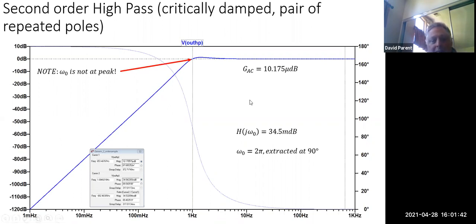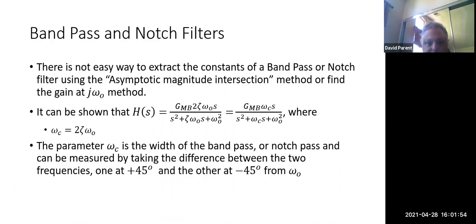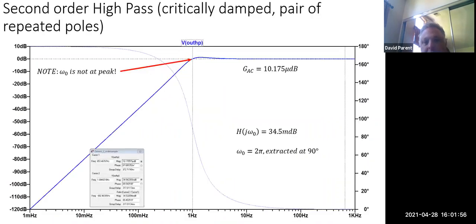The high frequency gain is 10.175 micro dB, which is very close to 0 dB. And so we're going to get something a little bit less than 0.707.